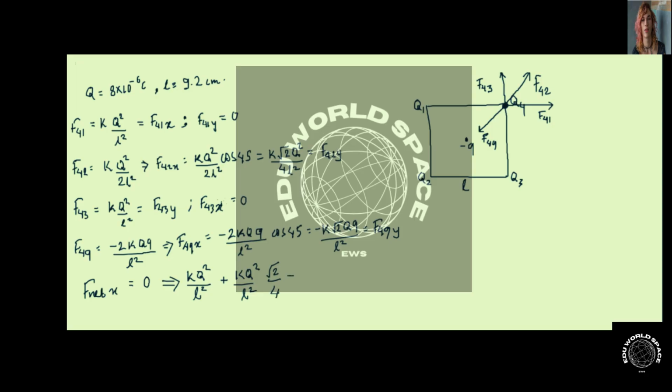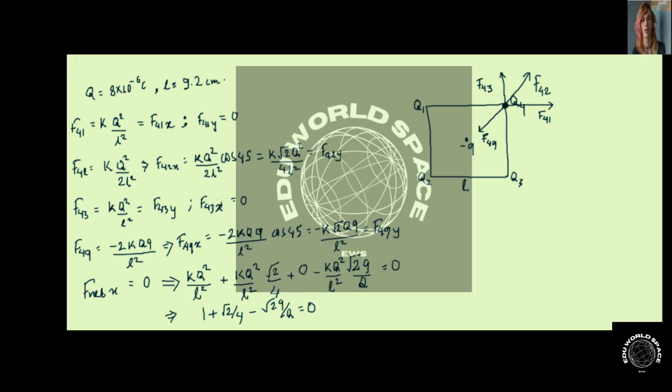The third one is 0. The fourth one is minus kQ squared by L squared times 2√2 q upon Q. Taking kQ squared by L squared common, we get 1 plus root 2 by 4 minus root 2 q by Q equals 0.